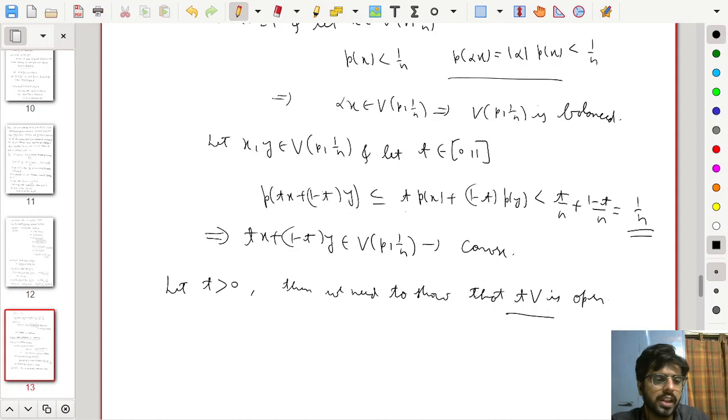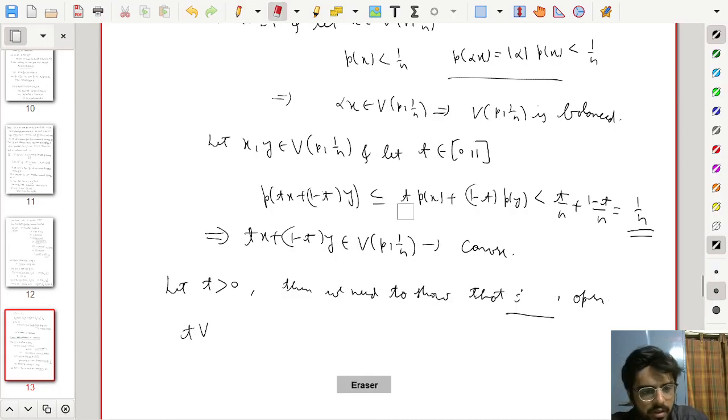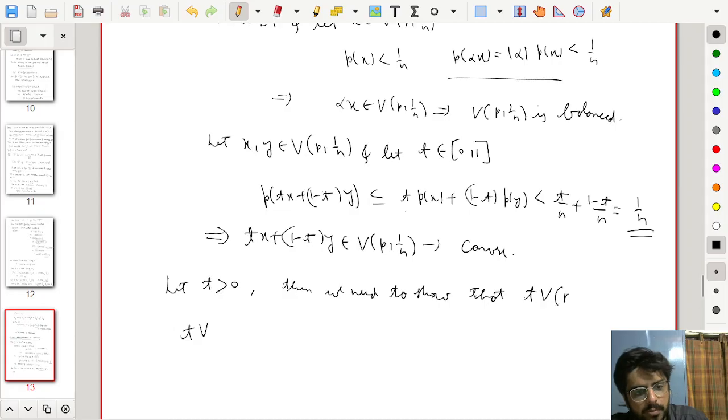It's not clear from the definition why tV should be open, right? You need to prove it, because we are multiplying with some arbitrary positive real number. Sorry, we need to show that t times V_{p,n} is open.